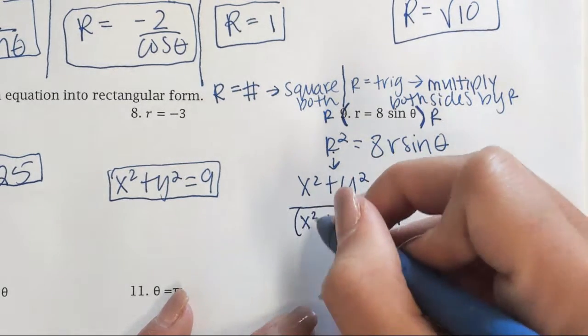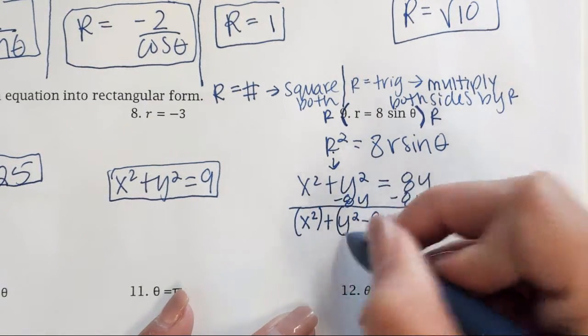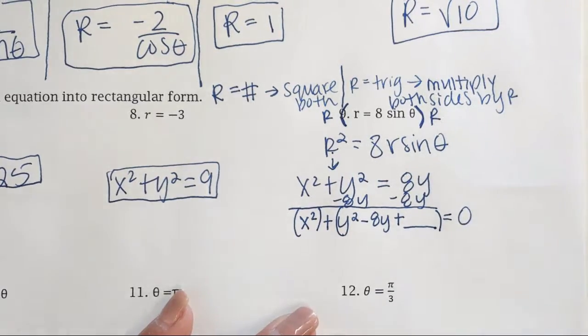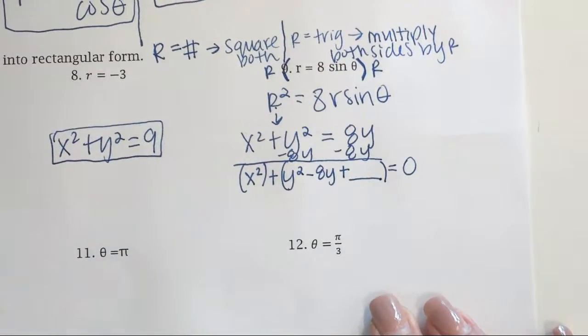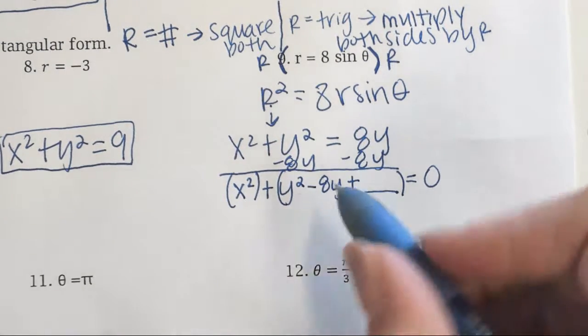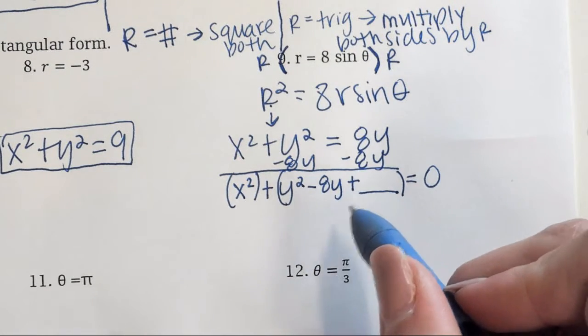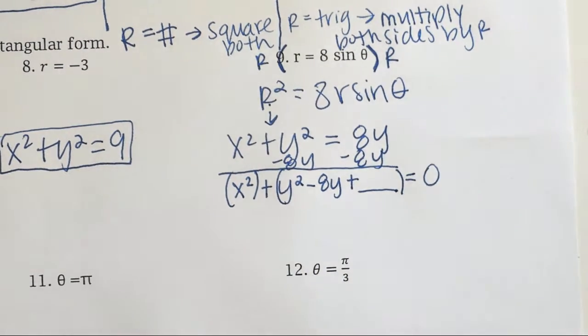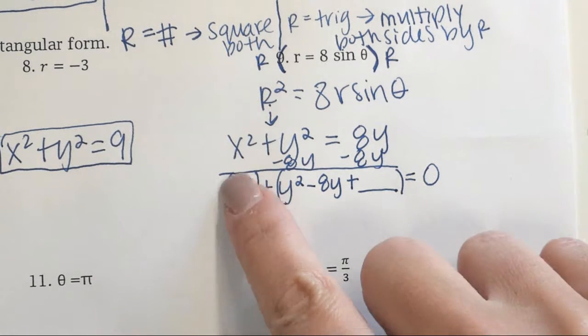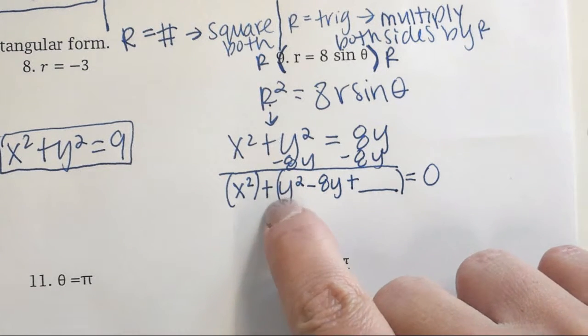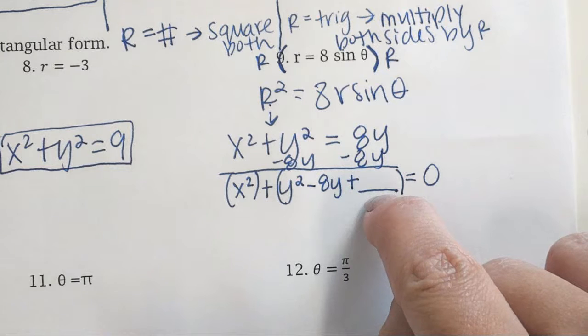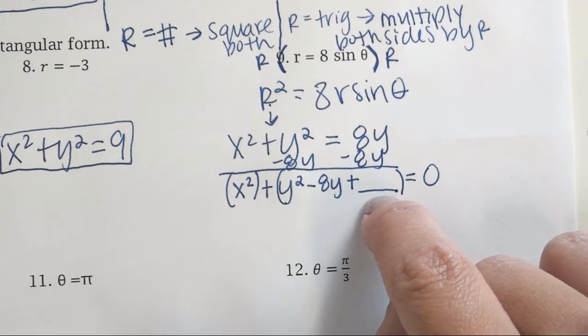I'm going to group the x squared together because it's like terms, and I'm going to group this together. Completing the square means that I'm going to change this to, it's going to be a trinomial because it has 3 terms, but I want it to be a perfect square trinomial. And what that means is this has got to be a perfect square, y squared, and this blank has to be a perfect square. And you'll see why in a minute.